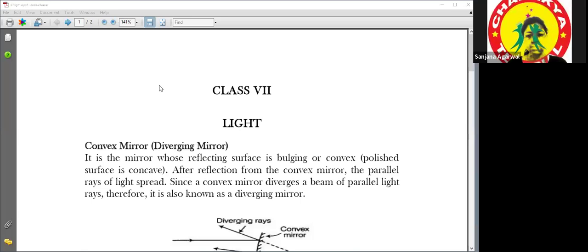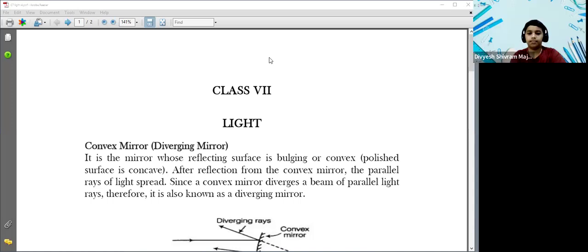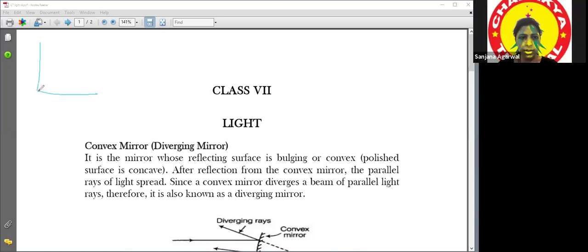Is that visible? PDF? Yes, ma'am. Please excuse me that I am not able to draw a perfectly straight line. Some issues will also be there with the pen tab. Not perfectly. Please, you draw it.